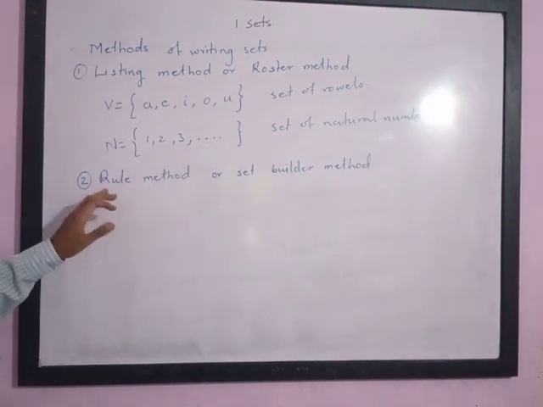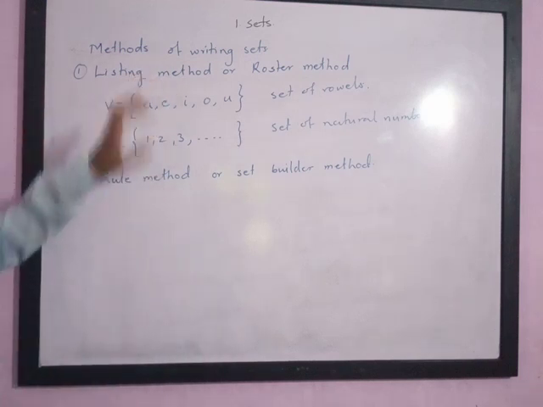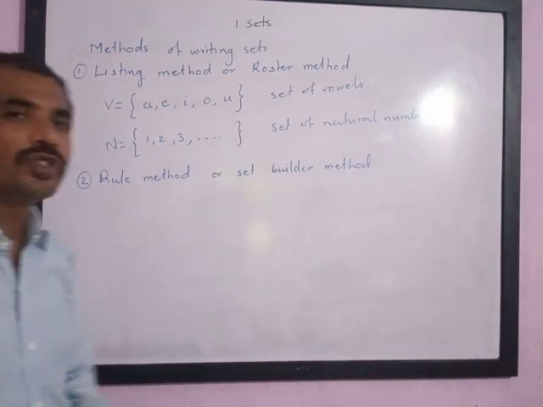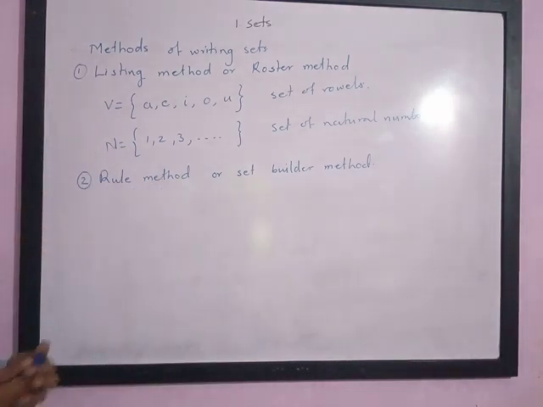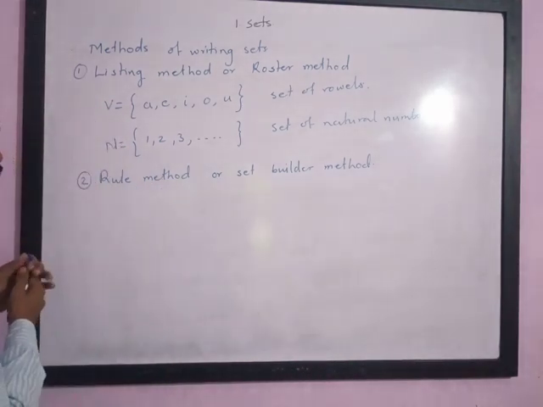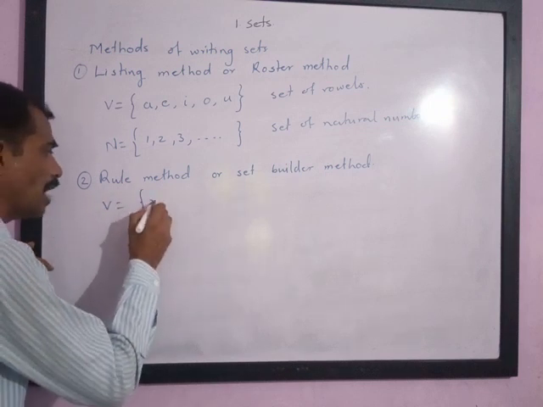Now next is the rule method or set builder method. The same can be written in this form. When it is written using a rule, it is called the rule method. For example, the set of vowels. We can write this set by using some alphabet.